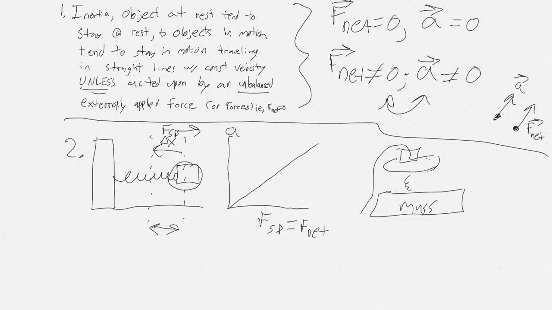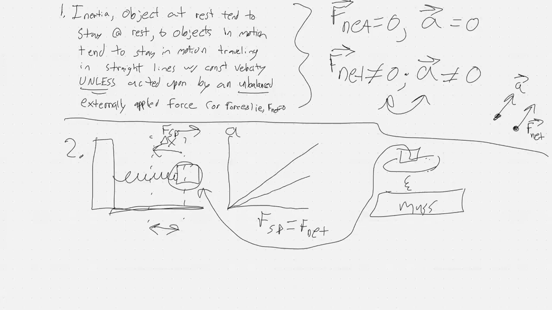And if we ignore the interactions with the floor here, then what you would see is that for different mass objects, you would maintain this type of proportional linear relationship, but the slope would change.